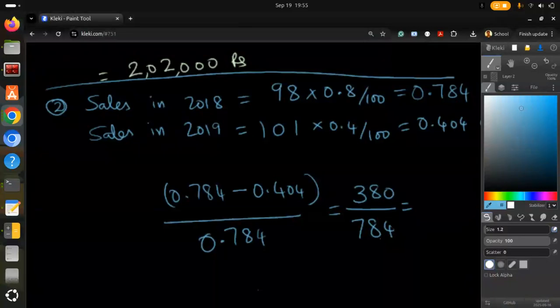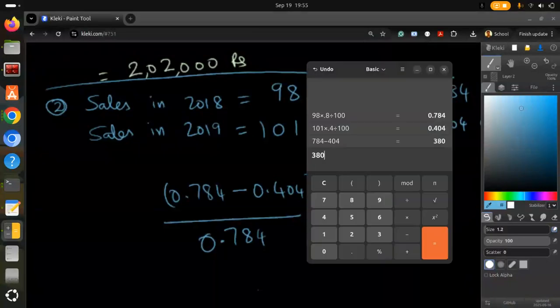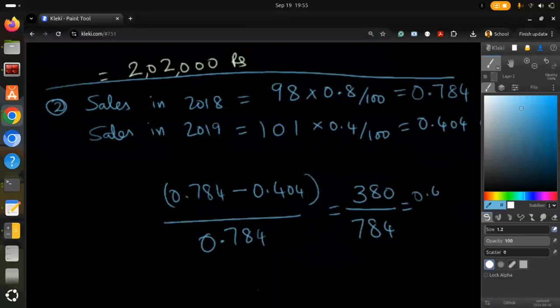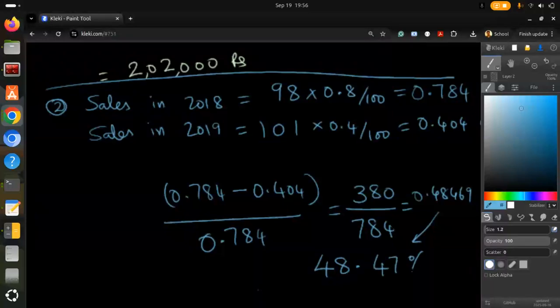So this fraction is the amount of decrease, divided by 784, which gives me 0.48469. Now this is a fraction, convert it back to percentage, so it comes to 48.47 percent decrease. So this is my answer.